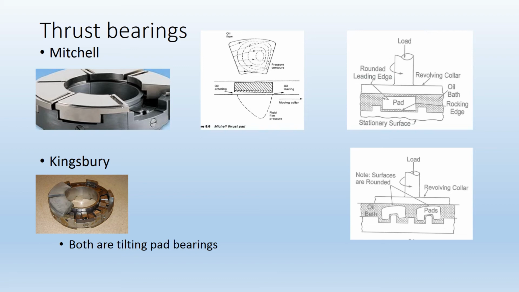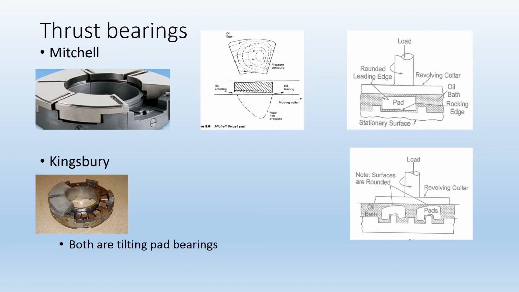So when the machine is stationary, the tilted pad and the rotating collar may actually come in contact. But once that collar starts to move, the pad will tilt and oil will be wedged between the surface of the pad and the rotating collar. And this oil wedge will lift the two surfaces apart so they will not come in contact.